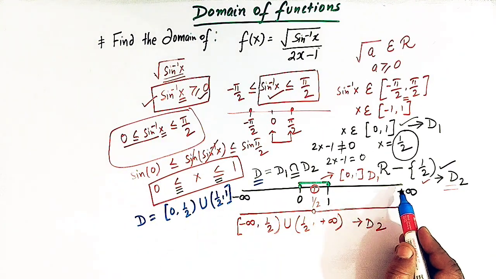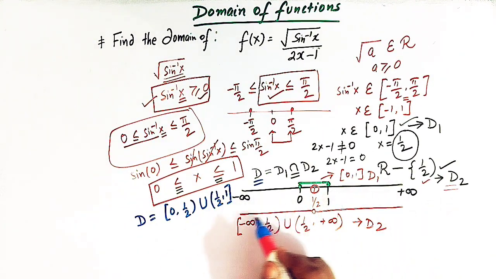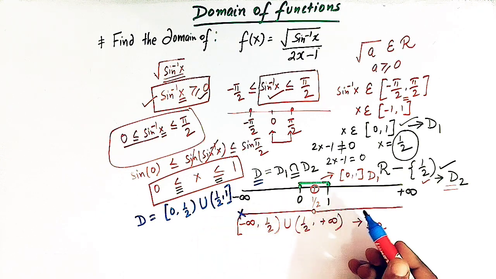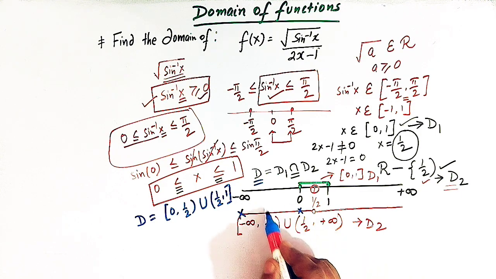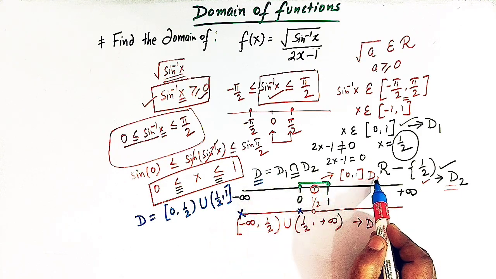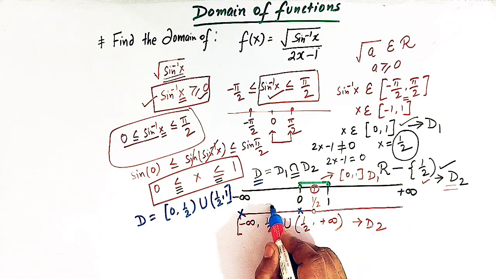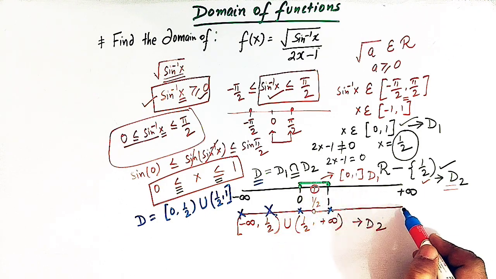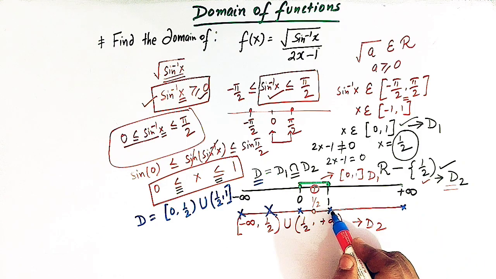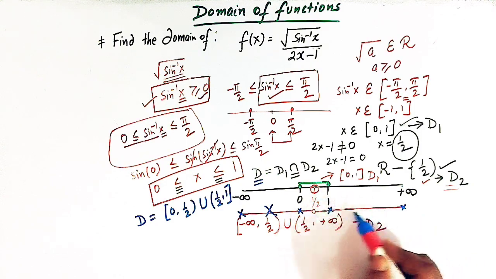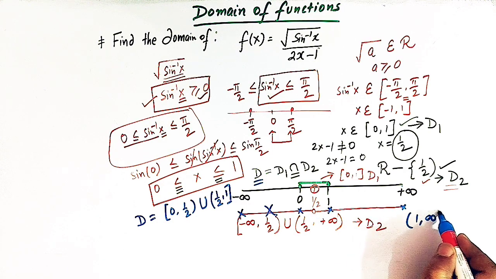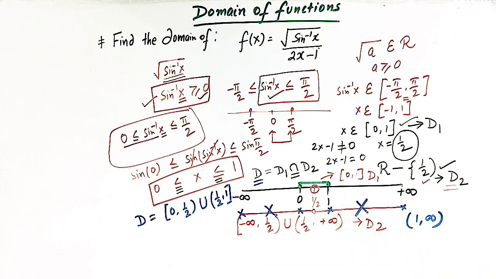So if we look at this real number line, then we can see that the region from here to here is not included in the domain of D1. So we'll exclude this region, and then from this point, that is 1, 1 is included, but the region from 1 to infinity is not included, right?